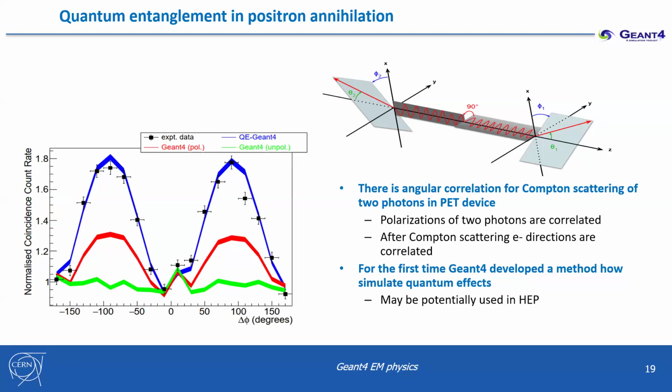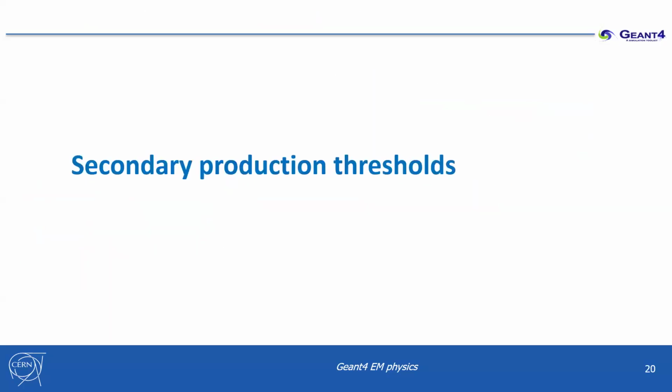And Compton scattering provides electrons with a direction which depends on the polarization of a given gamma. It is shown that we can simulate this quantum correlation, and we, for the first time for Monte Carlo tools, implemented this in our code, and it is potentially possible.